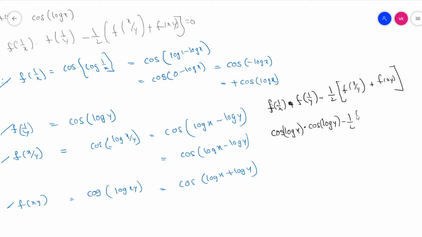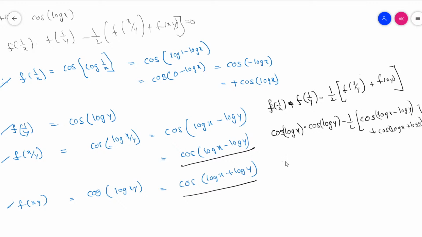Minus 1 by 2. In the brackets we get cos of log x minus log y plus cos of log x plus log y.